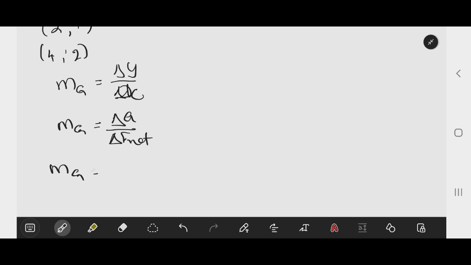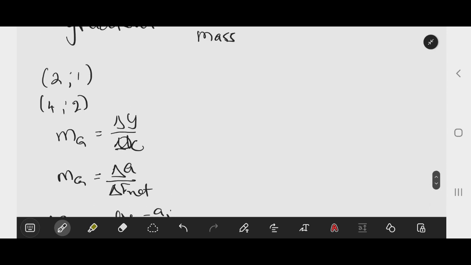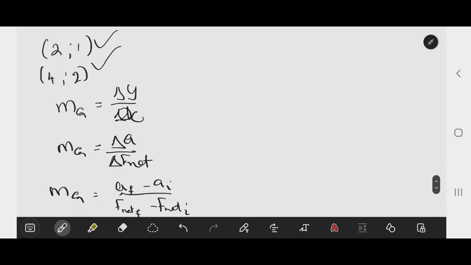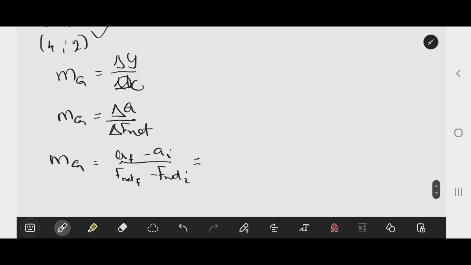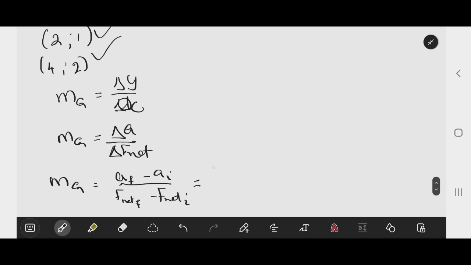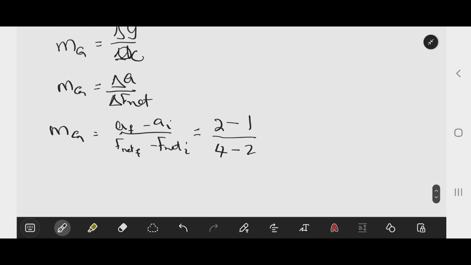So the gradient is equal to final acceleration minus initial acceleration divided by final net force minus initial net force, right? And we'll use these points to calculate the gradient. So that would be final acceleration, that would be 2, initial acceleration, that would be 1, divided by 4 minus 2, right? And what we are obtaining is 1 over 2, right? So that is our gradient.